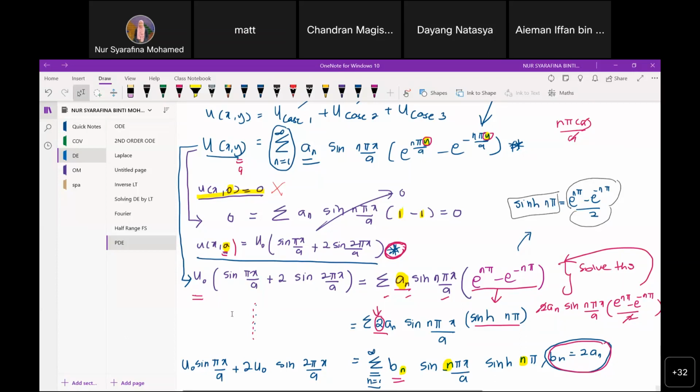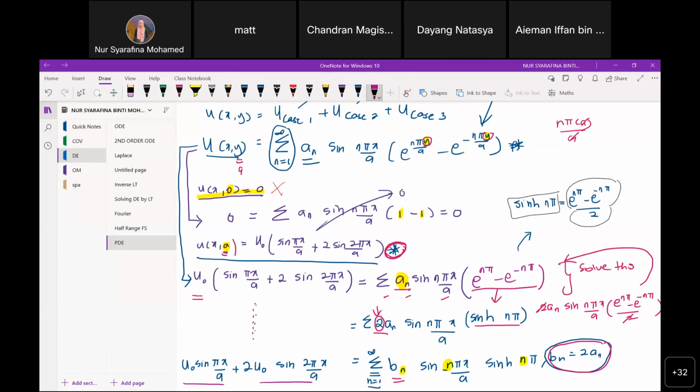Okay, now, as you can see, in order to find the constant, we need to do some comparison. From the left part, we have two expressions. And for the right part, it is in terms of summation, n equals to 1 up until infinity.